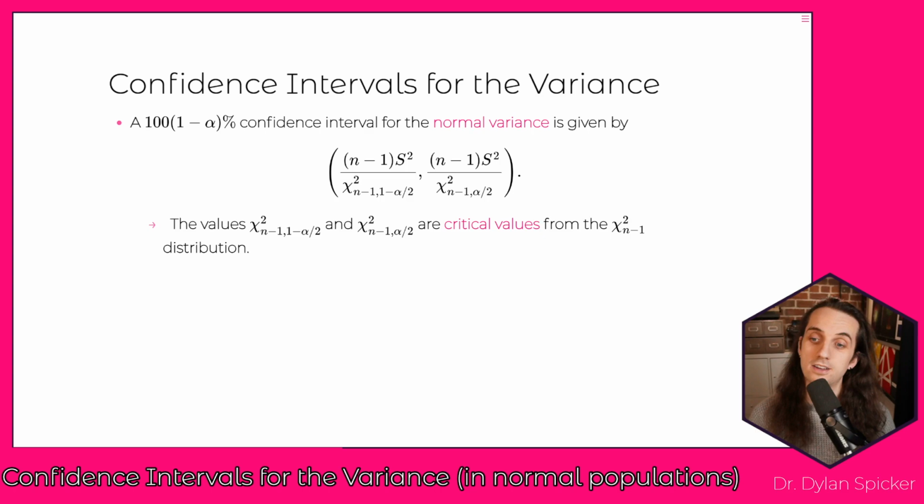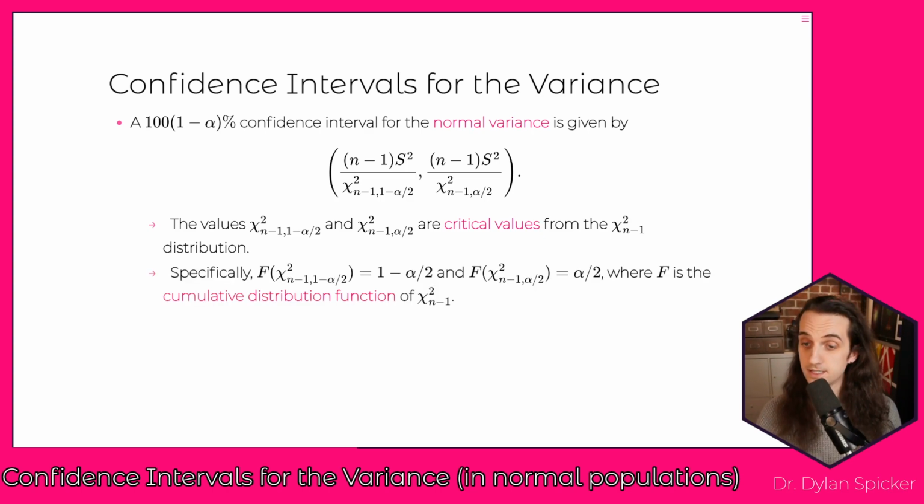So the values of chi-squared n minus 1, 1 minus alpha over 2, and chi-squared n minus 1, alpha over 2 are the critical values, and it's from the chi-squared n minus 1 distribution. Okay, and so specifically, they're defined in exactly the same way as any critical values are going to be defined, right? So if we take F to be the cumulative distribution function for the chi-squared n minus 1 distribution, then if you plug in the critical value at 1 minus alpha over 2, that gives us 1 minus alpha over 2.